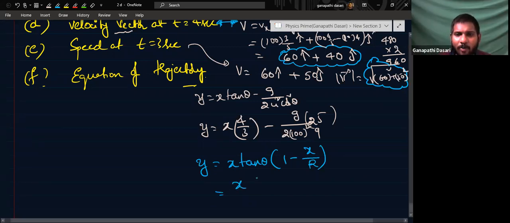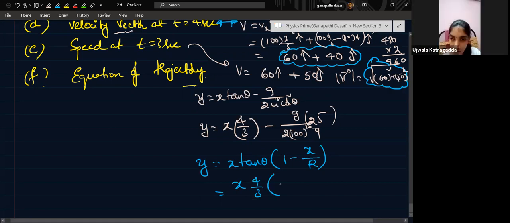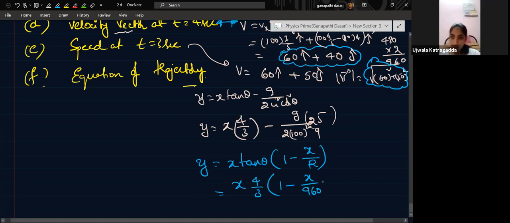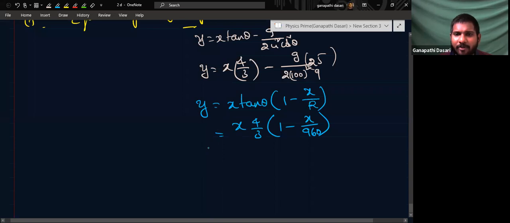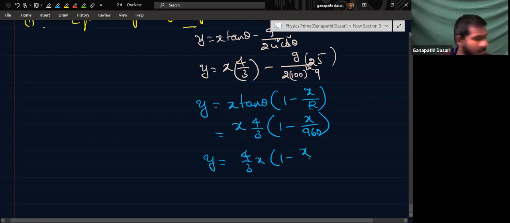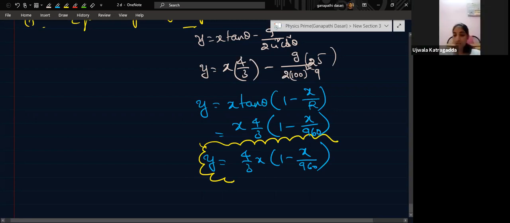X tan theta is 4 by 3 x, into 1 minus x by R. R we have already found out to be 960. So the answer will be y is equal to 4 by 3 x into 1 minus x by 960. That's it. From this, if x is known, y can be known very easily, or if y is known, x can be known easily.